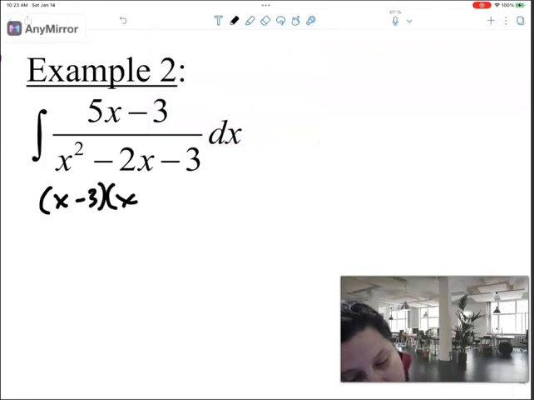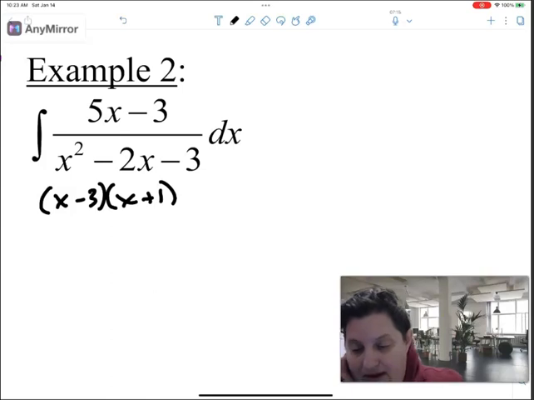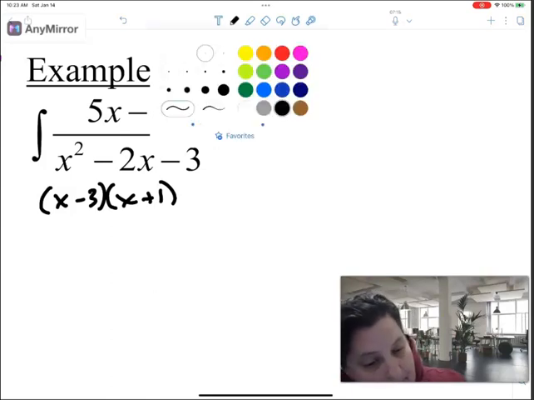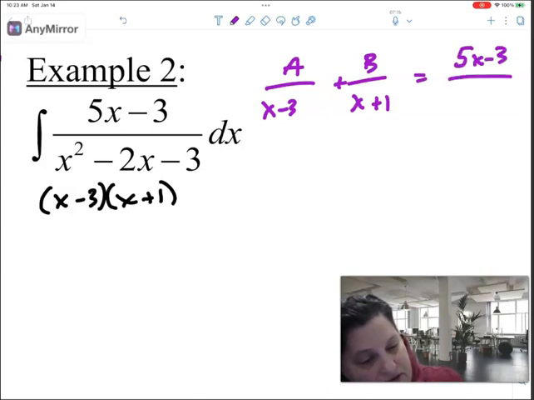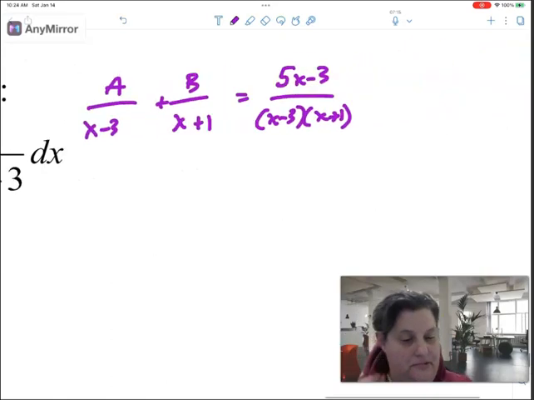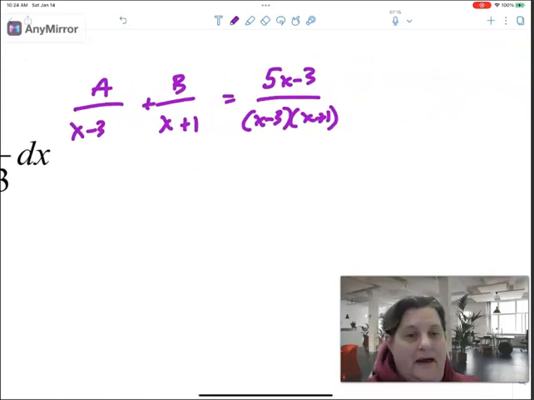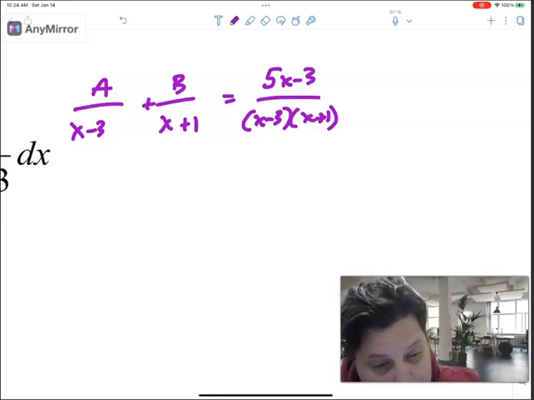That's x minus 3 and x plus 1. And I get, if I'm separating this out, A over x minus 3 plus B over x plus 1 equals (5x minus 3) over (x minus 3)(x plus 1). Okay, there's my partial fraction. And let me see if I can find A and B.